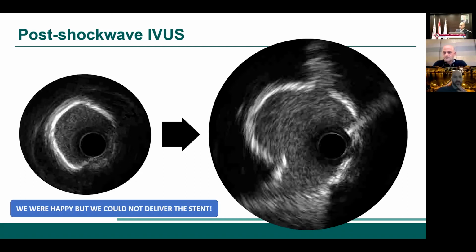Maybe Dr. Edis, your thoughts. Yes, I agree with Dr. Mohammed. There is nothing to rotablate in this case. Now, if you would advance a rotabur inside this artery, you can measure how large it is. It would basically do nothing. It would physically go into the middle, spin there, and not ablate anything. So I have to do what's needed here.